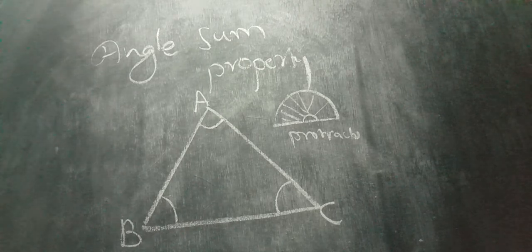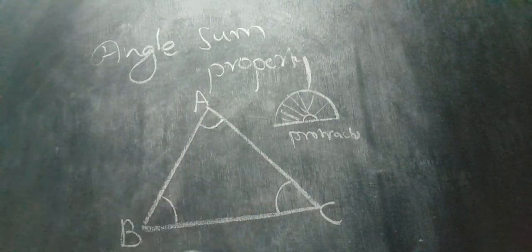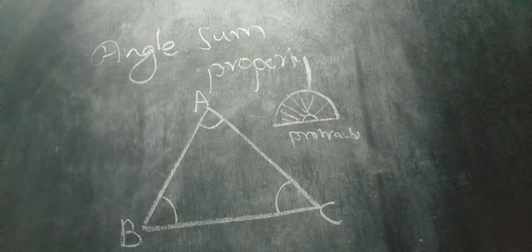Take any triangle in your 7th class textbook, measure these 3 angles and add all of them, the total will be 180 degrees. No, you are not satisfied with that.